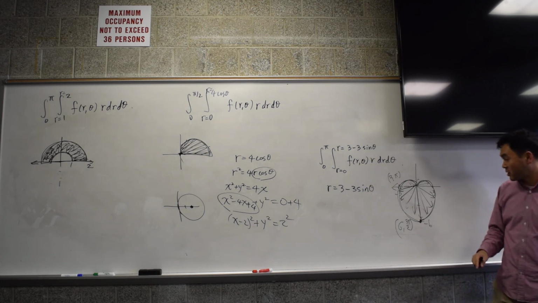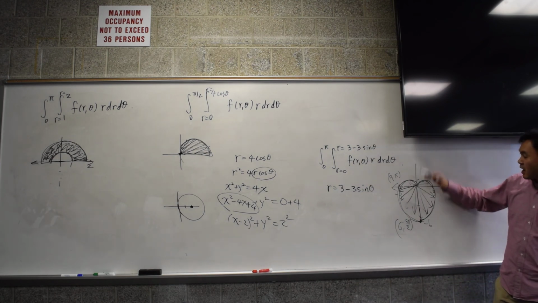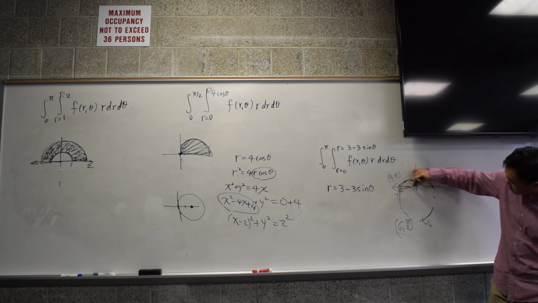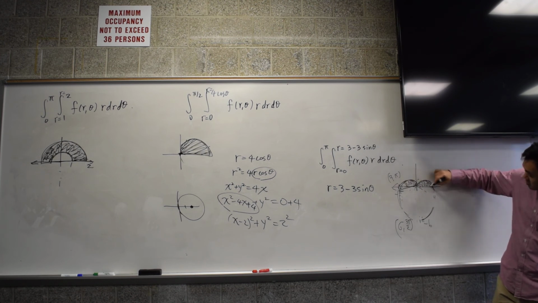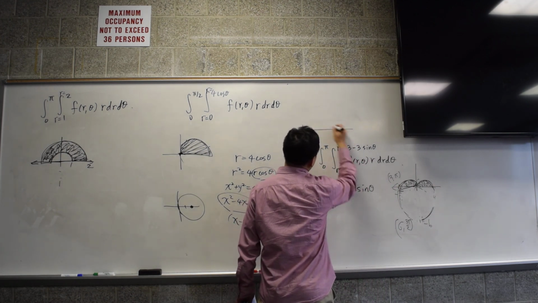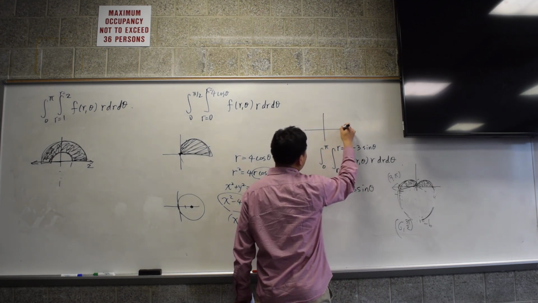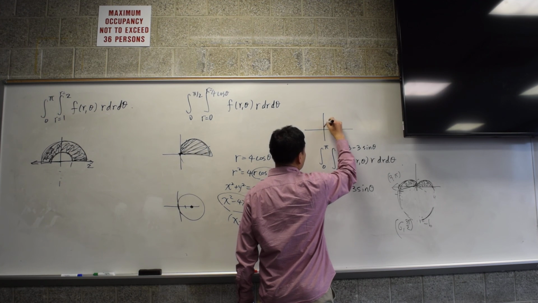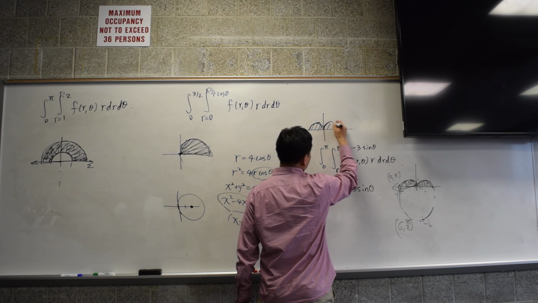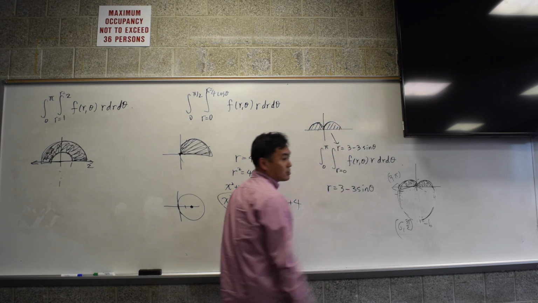So what part are we getting? Just the top half. None of these will be appearing. Only this part will be the actual. Okay, so if you drew this, that will be the domain that is being integrated.